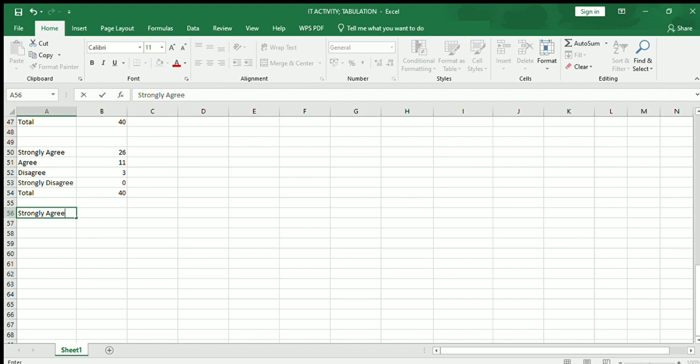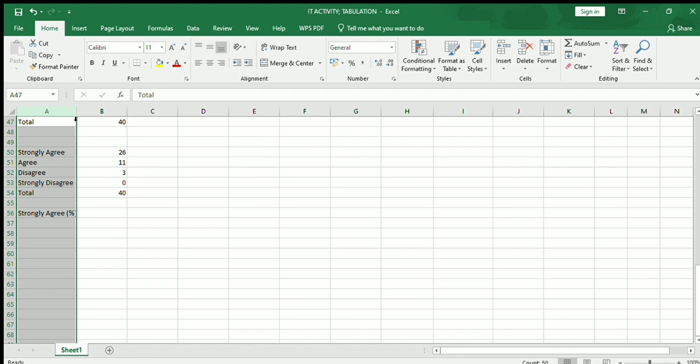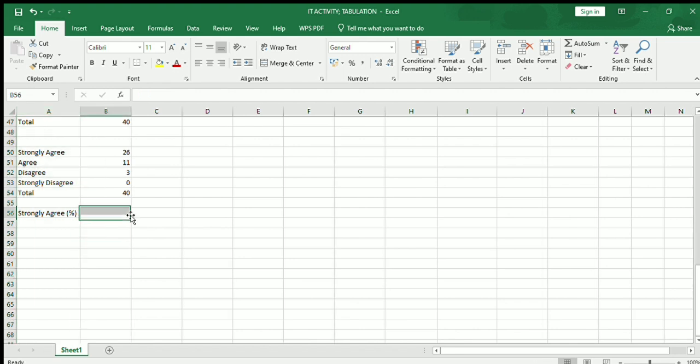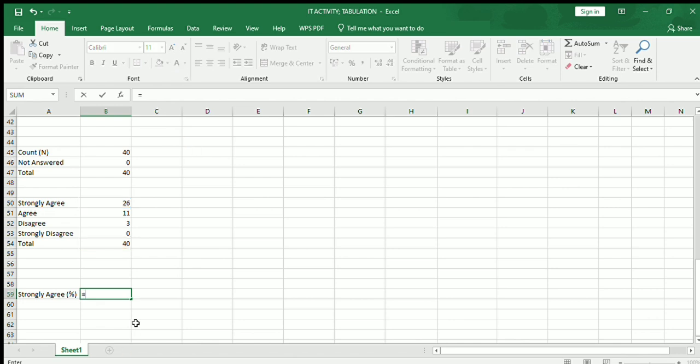So the formula on how to get the percentage of the total amount of the respondents who answer strongly agree is equal sign, highlight the strongly agree answer, and then divide by the total and enter.